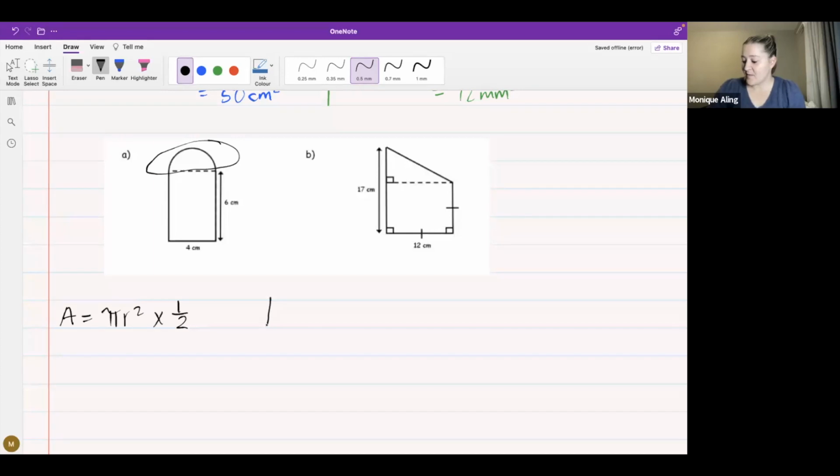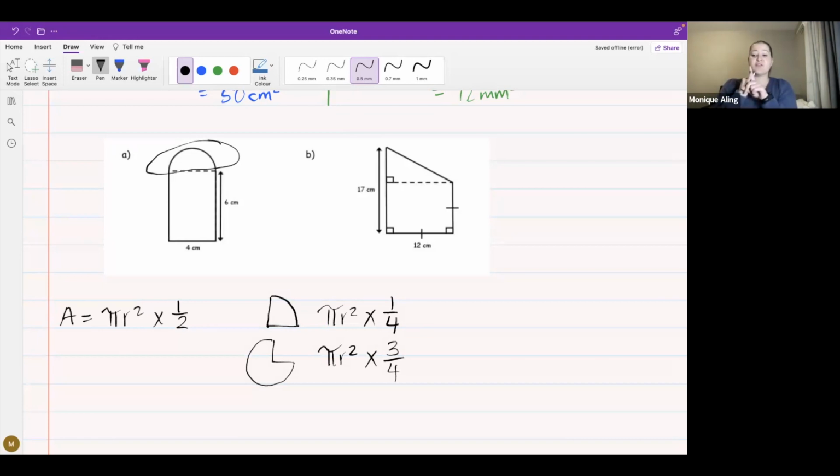If for some weird reason there was a quarter circle attached to the shape, you do the same thing, pi r squared times by 1/4. And then the last possible size is a 3/4 circle. So just so that you are aware, you keep the formula as is, but you just times by the size of the circle that you're looking at.